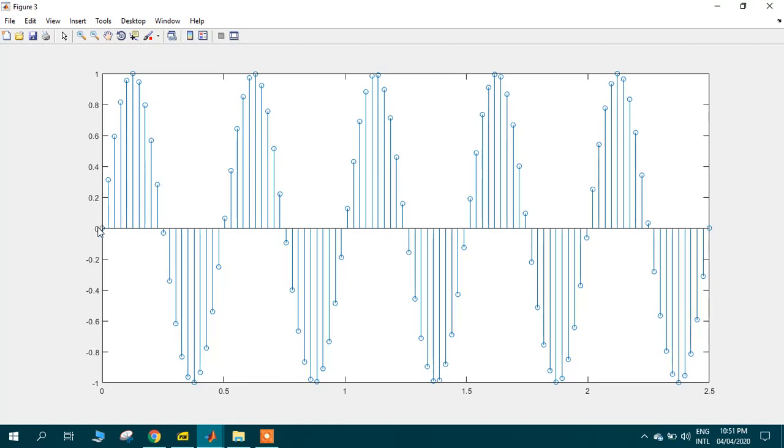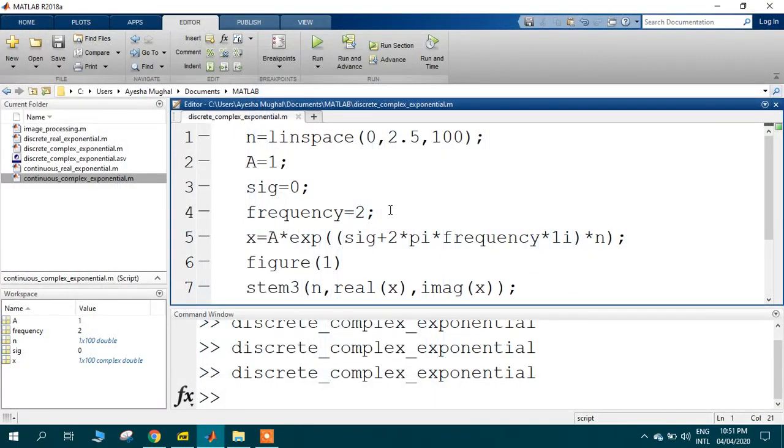As we know, at 0 the value of sine is 0, and it's just like the curve of the sine function. So guys, this was the behavior of our complex exponential function with the sigma value equal to 0.